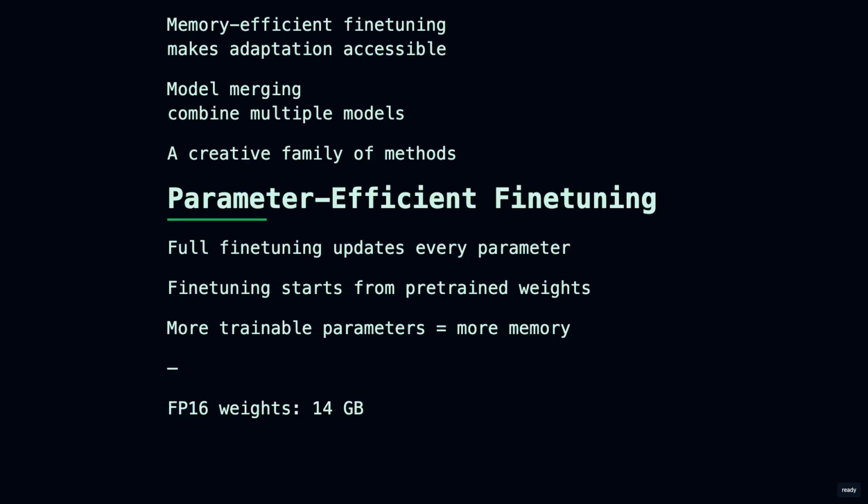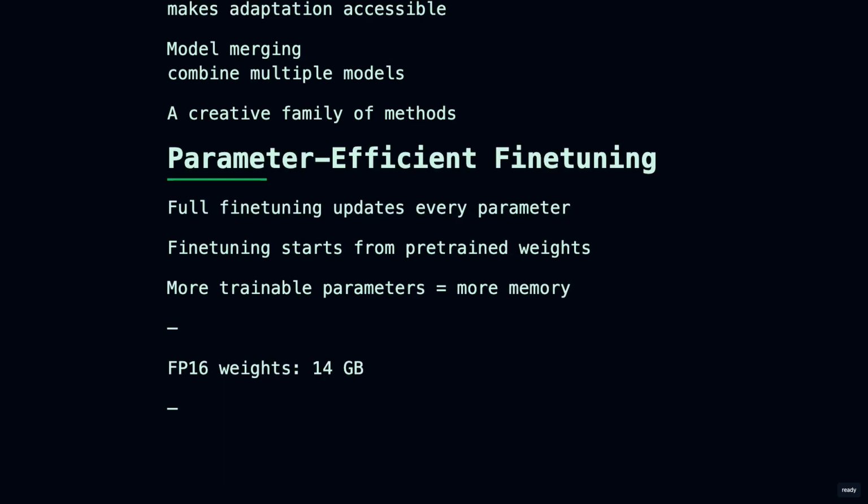If the model weights are stored in FP16, the weights alone take 14 gigabytes. That is already a substantial chunk of a consumer GPU's memory budget. The weights are only part of the story.